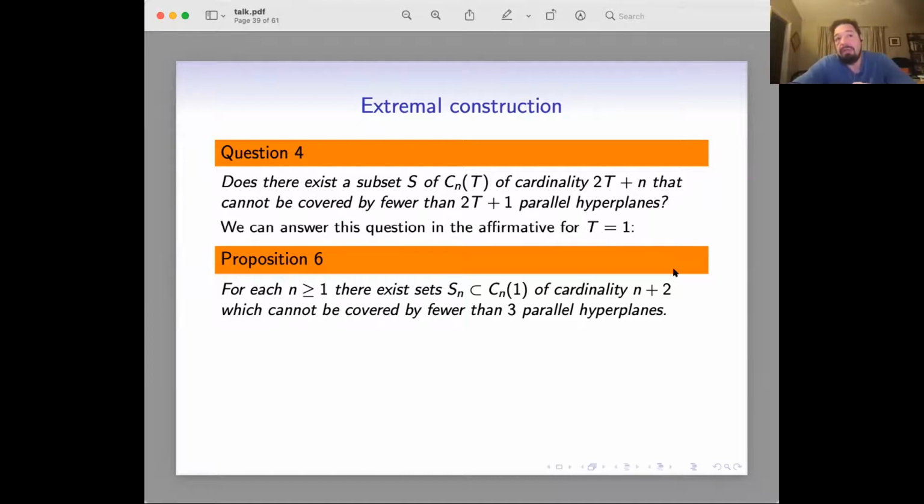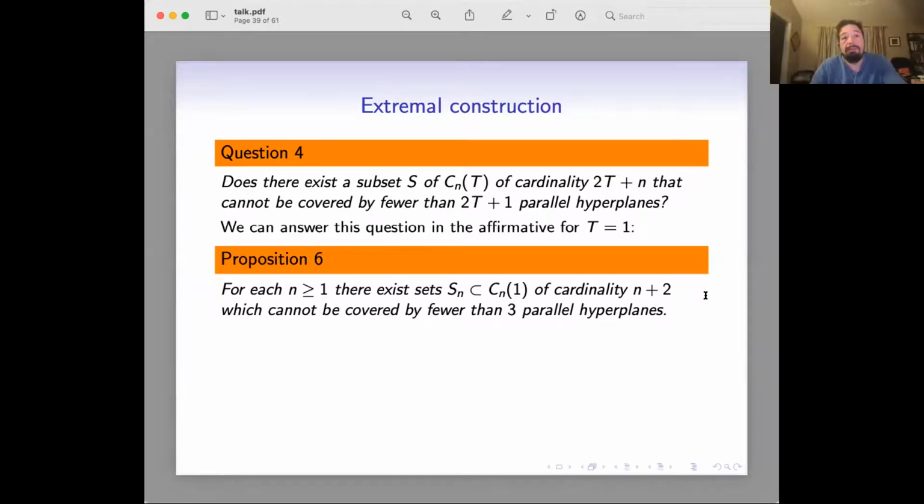We can prove that for each n greater than or equal to 1, there exist these extremal sets, let's call them S sub n, of cardinality n plus 2, which cannot be covered by fewer than 3 hyperplanes. Notice t is equal to 1, so 2t plus 1, the number of parallel hyperplanes I allow, is 3, and the cardinality of my set, 2t plus n, is n plus 2.